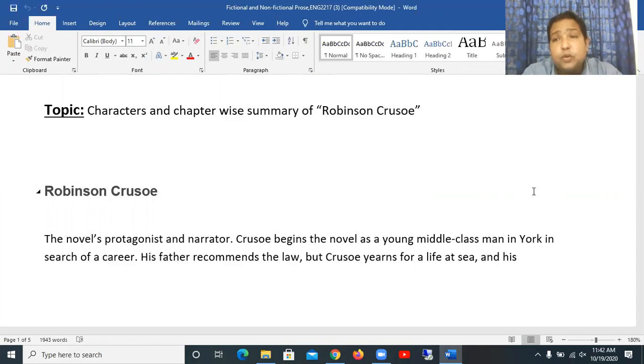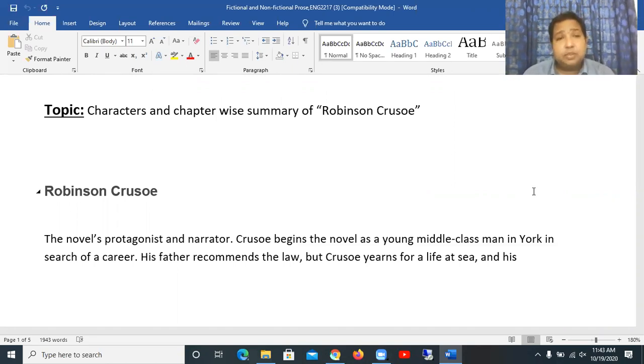And before going to the story itself, I would like to tell you about the characters and the characteristics of those characters. So the first character is the protagonist of the novel, that is Robinson Crusoe. And you know about protagonist. So since you are a student of almost second year, I thought.